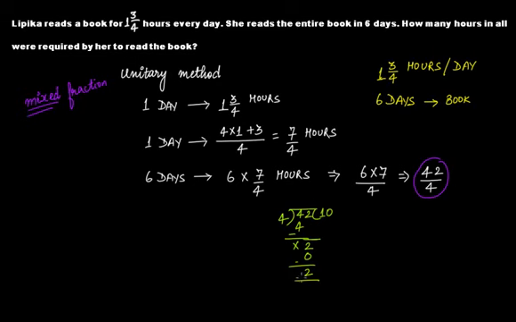So this tells us it can be written with 4 as the divisor, 10 as the quotient, and 2 as the remainder. So 10, that is the quotient, then the remainder 2 divided by the divisor 4. This is the mixed fraction of this one.